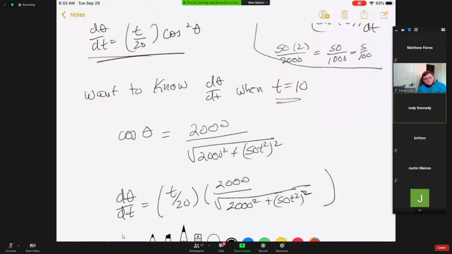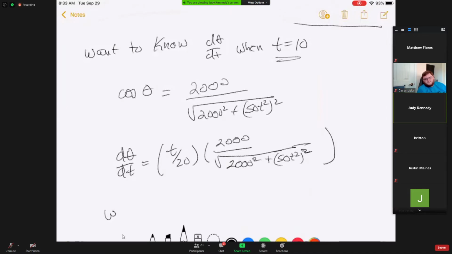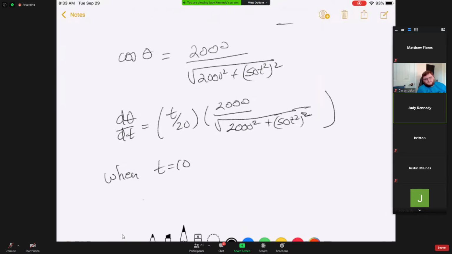And so when t is equal to 10, we have d theta dt is 10 over 20, and then that's a 2,000, and then 2,000 squared plus, okay, t's 10, so 10 squared is 100 times 50 would be 5,000.